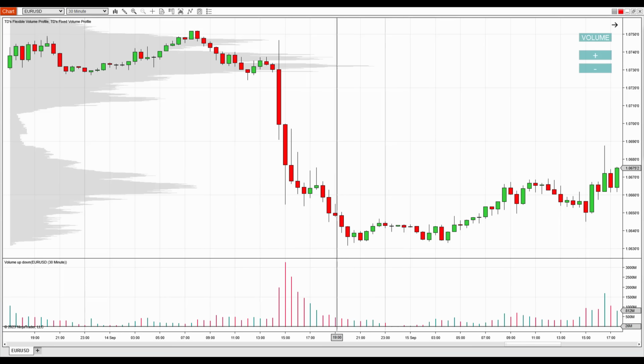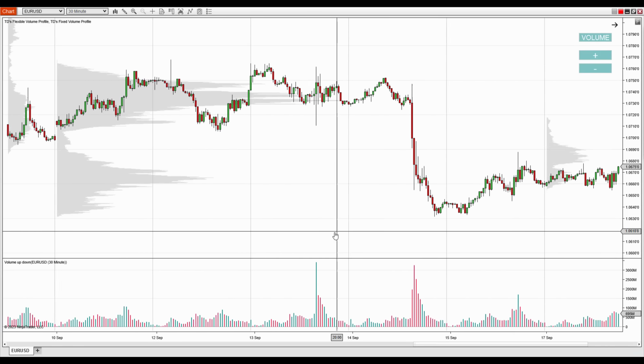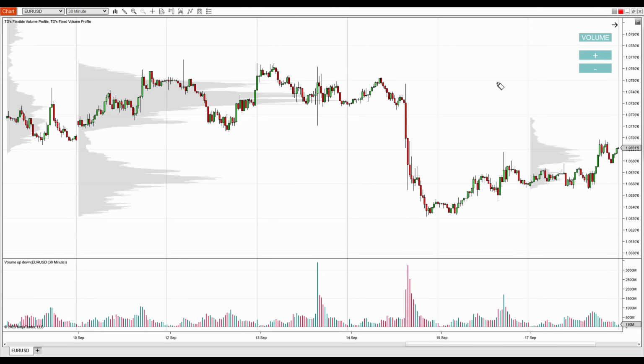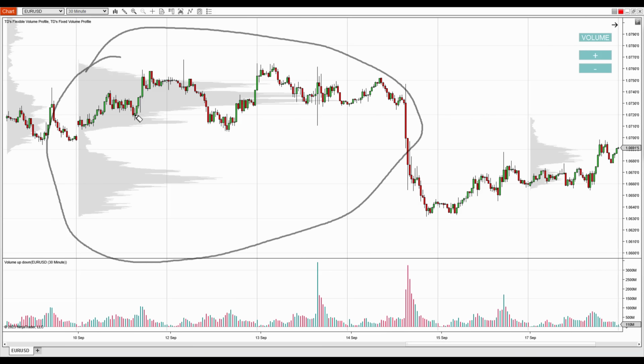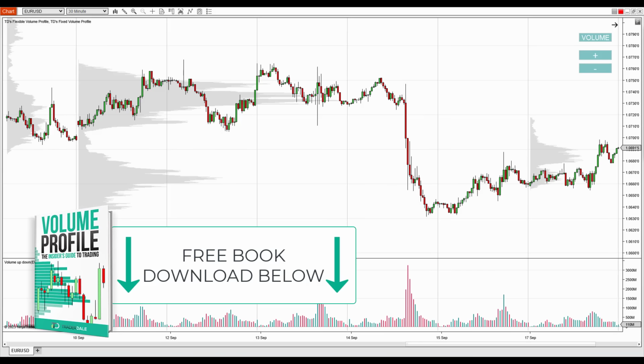If we compare it to what volume profile is showing us, then volume profile is showing us at what price level most volumes were traded. So if you look at this volume profile right here, which shows the volume distribution over the past week, then in this previous week the heaviest volumes were traded in here.